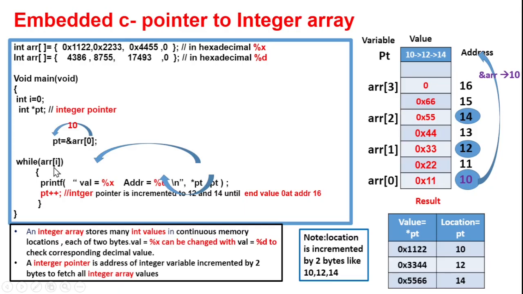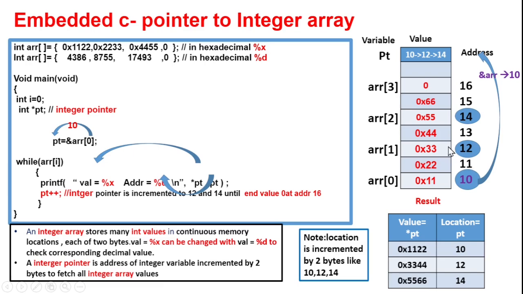What is star pt? It's nothing but 1122, this will work. So the address of 1122 is 10. Again we are incrementing, so what will it become? It will jump from 10 to 12, which holds the value 3344. So it will print 3344, address is 12. Again if we increment, it will jump by 2.